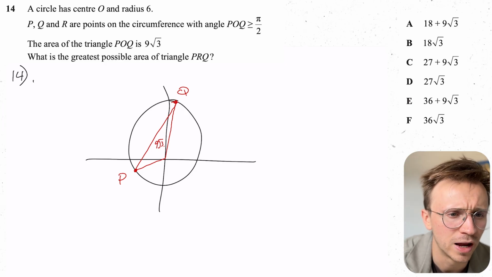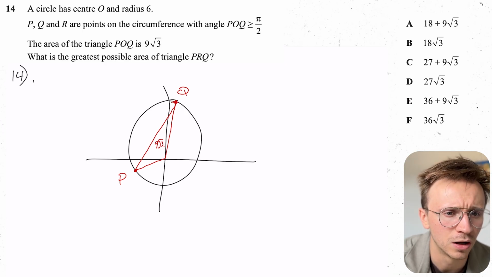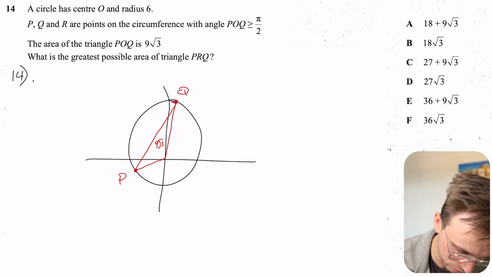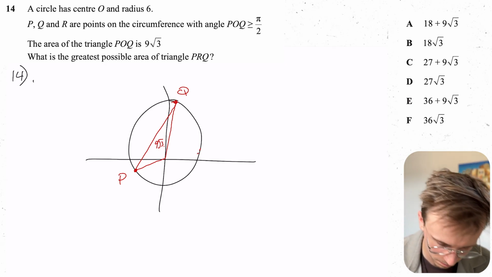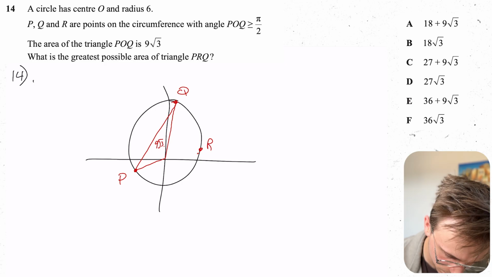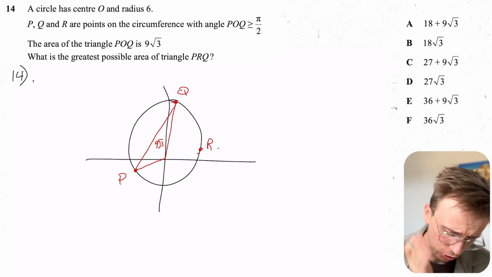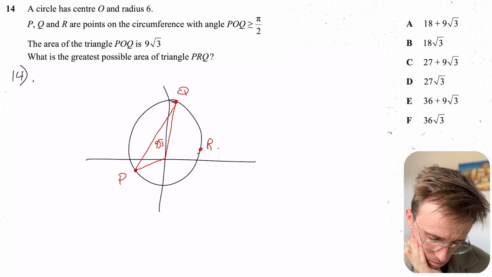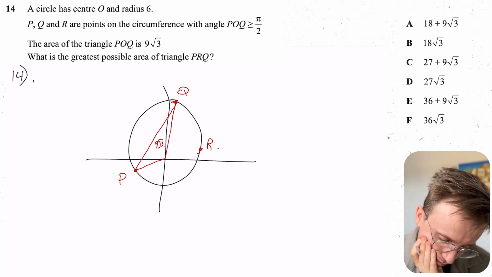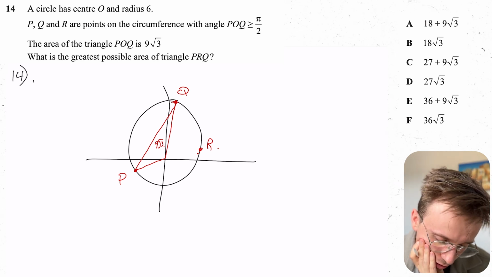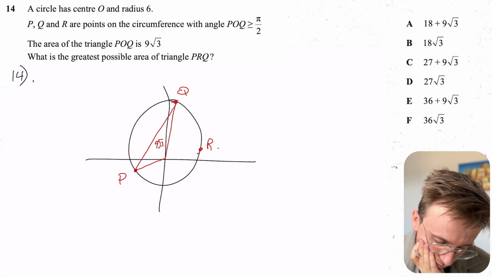What is the greatest possible area of the triangle PRQ? So R can be literally anywhere on that circumference. Okay, so the greatest possible, I know nothing about R though. All that tells me is something about P and Q and how their angles vary.